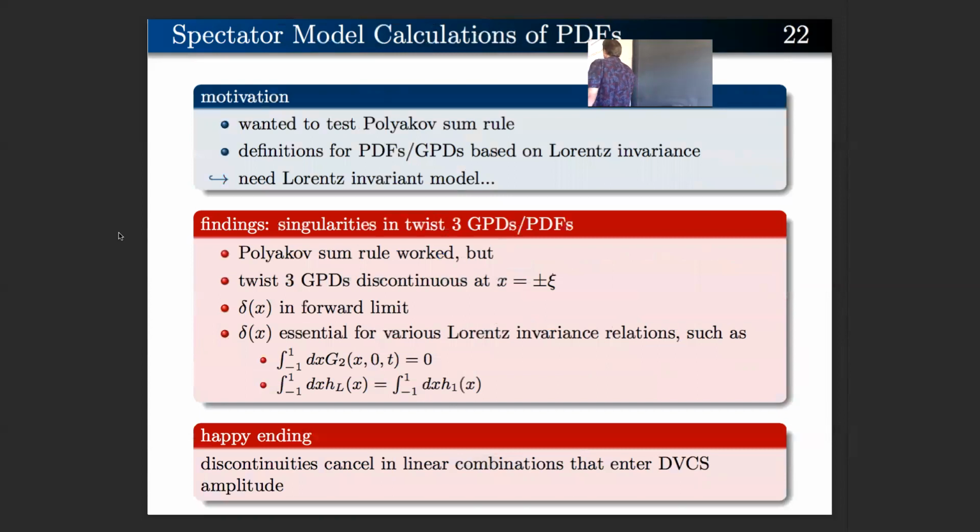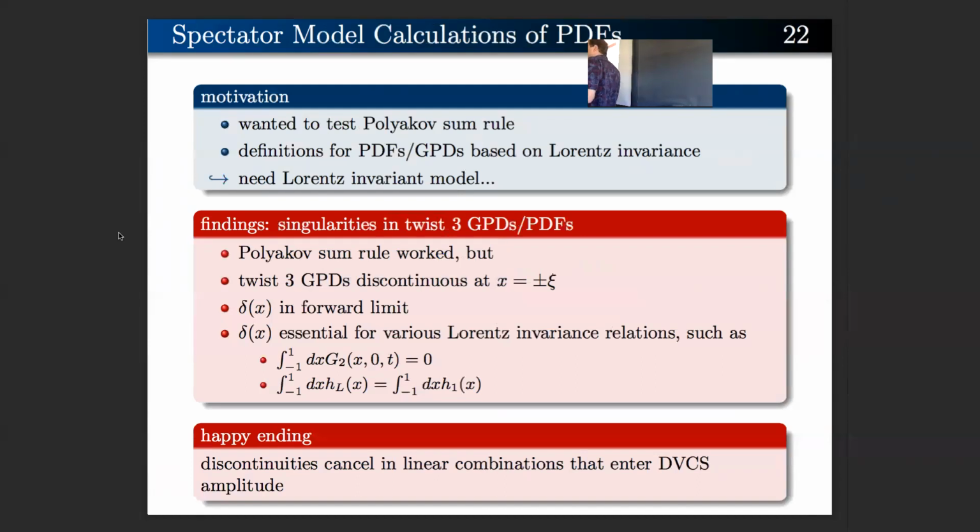I'll show you details, but I want to start with the summary before you fall asleep. What we found is the Polyakov sum rule worked. It worked both for the scalar spectator model as well as for the quark target model. But then this whole project developed a life of its own. What we found is that twist 3 GPDs exhibit discontinuities at x equal to plus and minus xi.